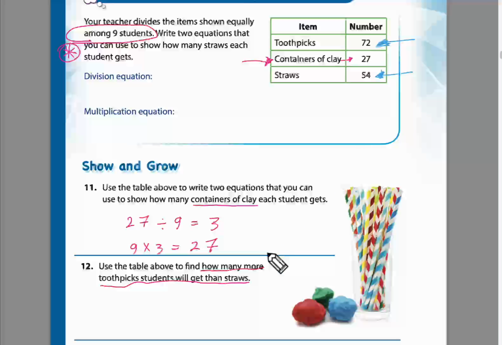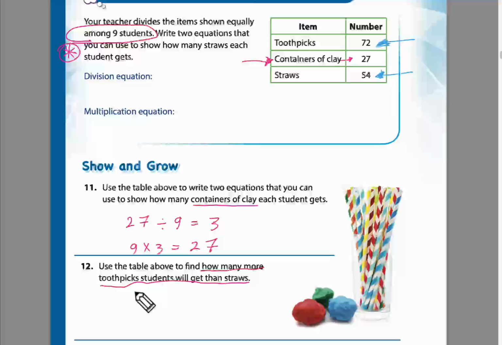Okay, we need first to find how many toothpicks will each student get and how many straws will each student get. So for the toothpicks, we need to divide 72 among 9 students.